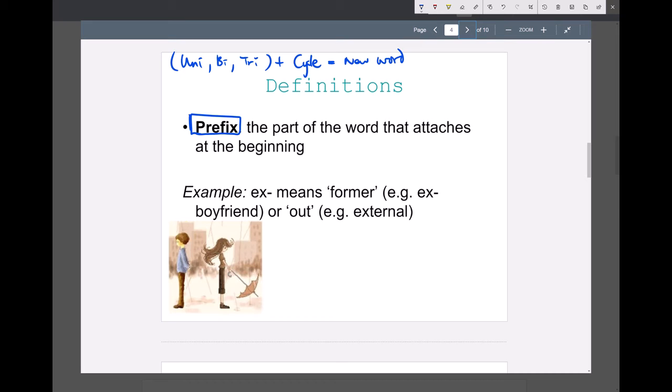A prefix is a part of a word that you put at the beginning. So before another part of the word.